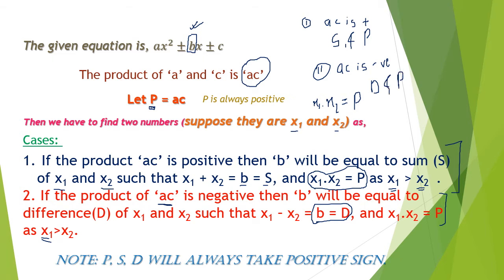And as we have supposed x1 and x2 as our two numbers, x1 plus x2 will be equal to the value of B, positive B. If there is a negative sign, we also consider it positive. And x1 minus x2, always writing the bigger number in front, is equal to B. The product x1 dot x2 must be P in both cases. Now let's do a few examples, then it will be very clear.